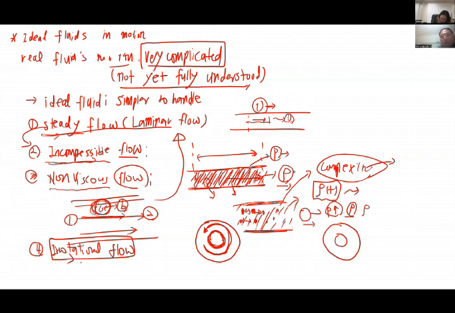If you allow this fluid to have a rotational motion, a local cycling motion around the fluid, that creates turbulence inside the travel path, and that is way more complicated dynamics that cannot be easily solved by the theoretical model.